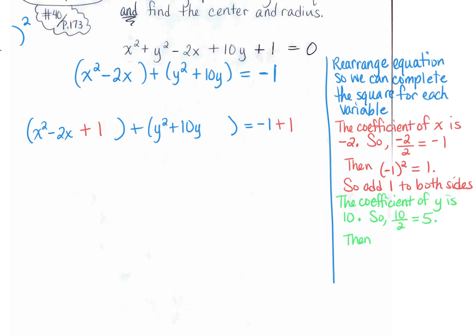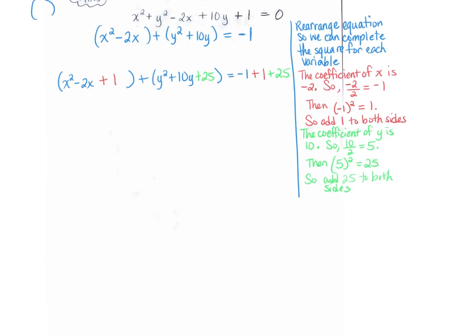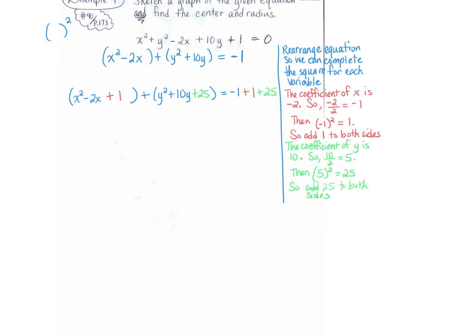Then 5 squared is 25, so add 25 on both sides. So we put plus 25 here, plus 25 here. And now, can you still see that? Can you still see that?